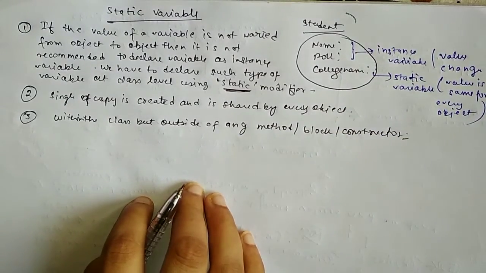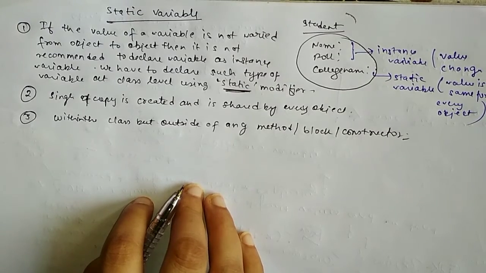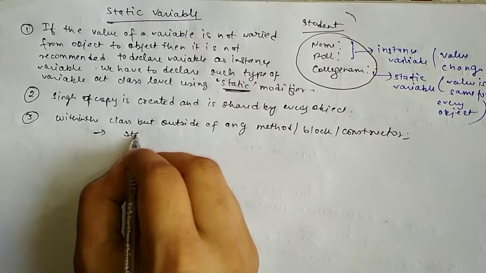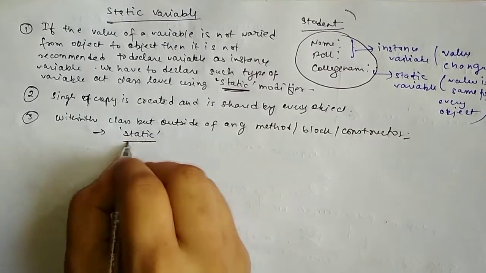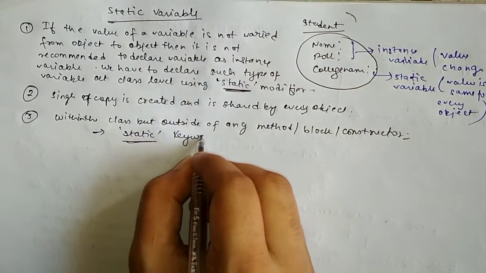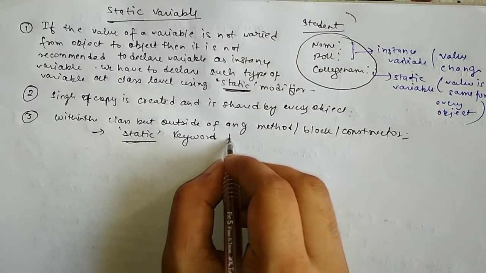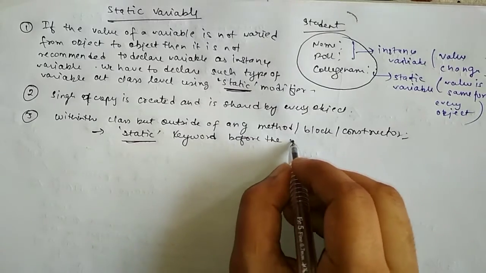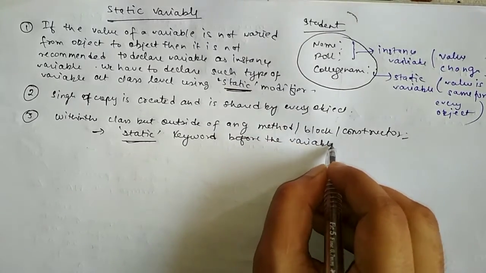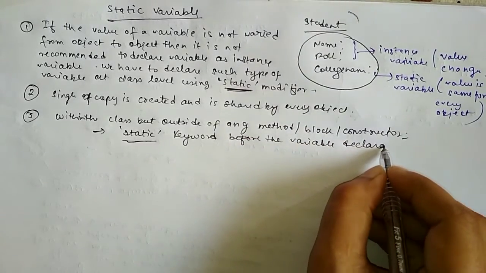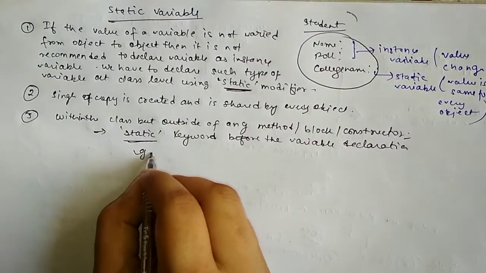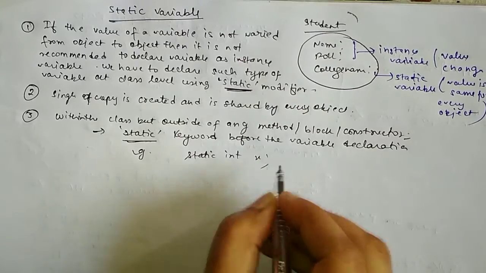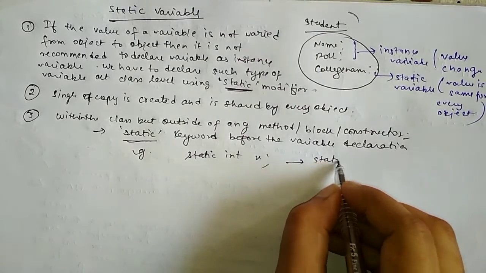But we have to keep in mind that we have to use the static keyword before the variable declaration. Example, if we take static int x, this is a static variable.